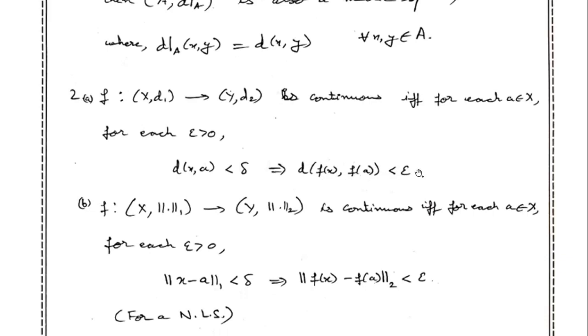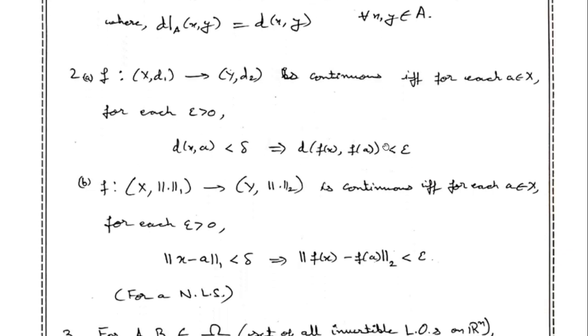If you write it, you will be able to remember it. In terms of metric spaces, mod of f(x) minus f(a) less than epsilon generalizes to the distance of f(x) and f(a) less than epsilon. That is how the definition of a continuous mapping in a metric space comes. Now we have already learned about normed linear spaces, so we have to connect the definition of continuity in terms of normed linear spaces also.